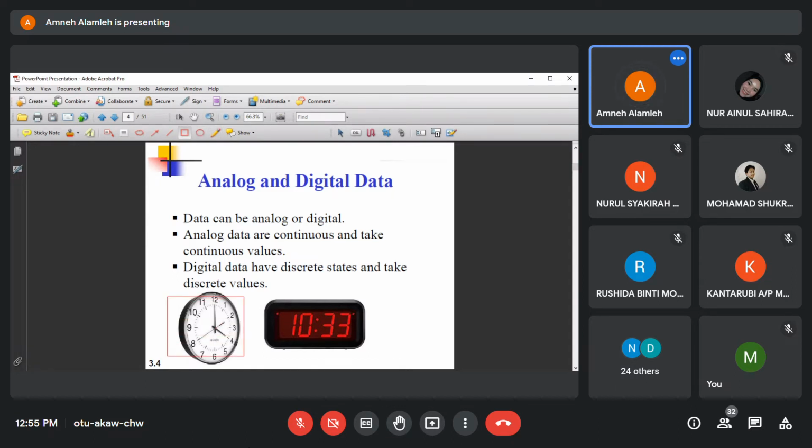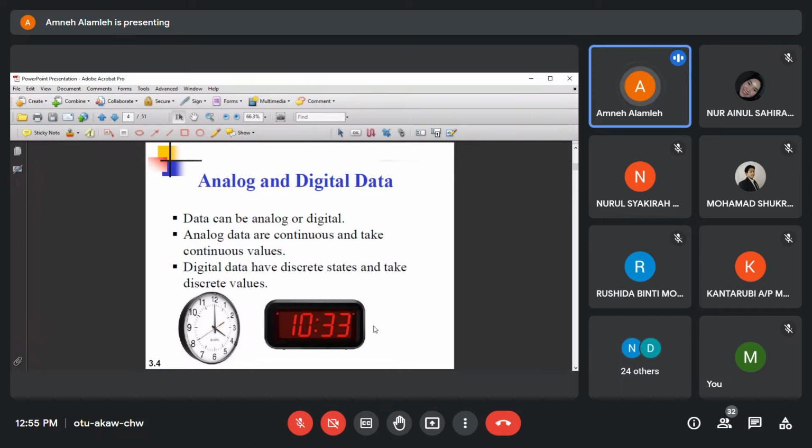So the analog clock is an example for the analog data. When we want the time now, it is continuous, 4 or 3.99 minutes, some 40 seconds, and so on.